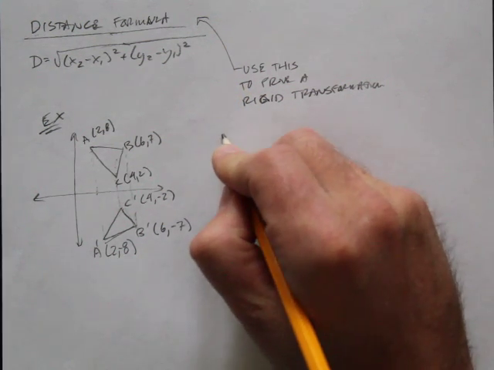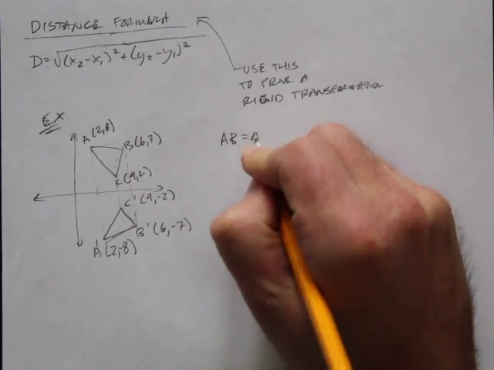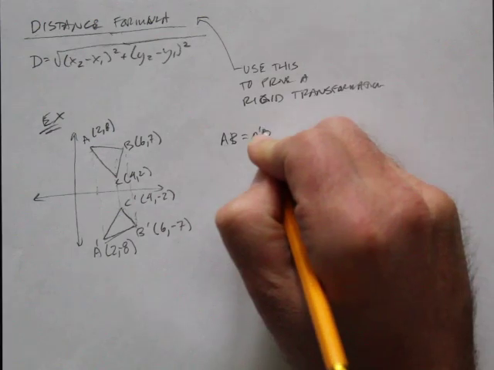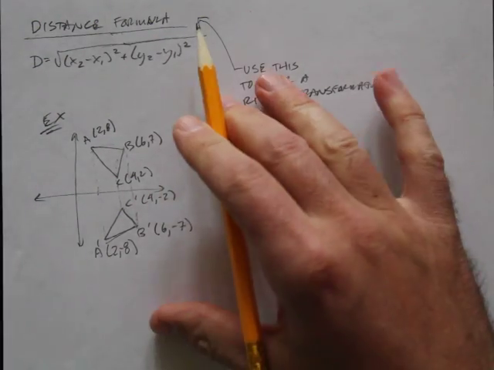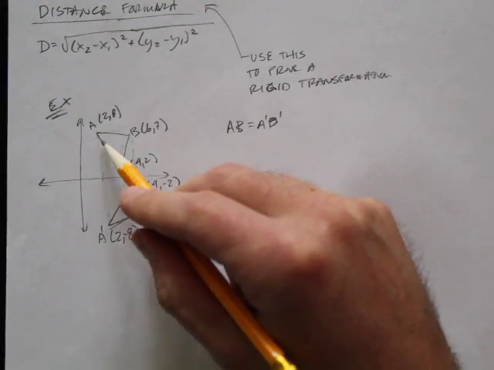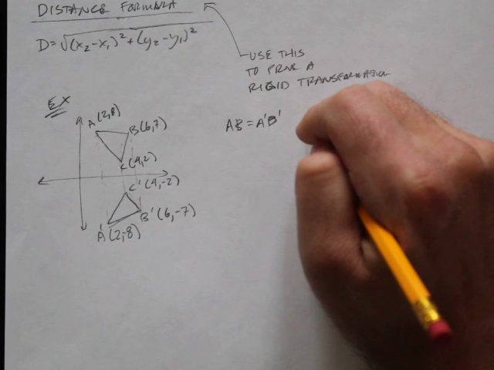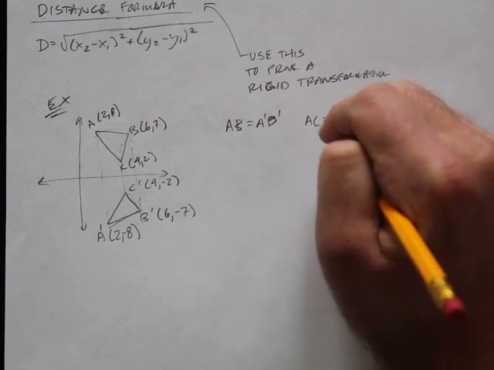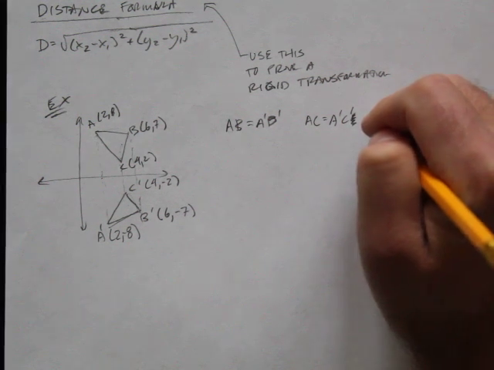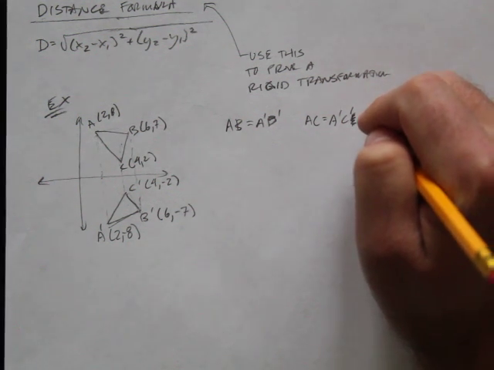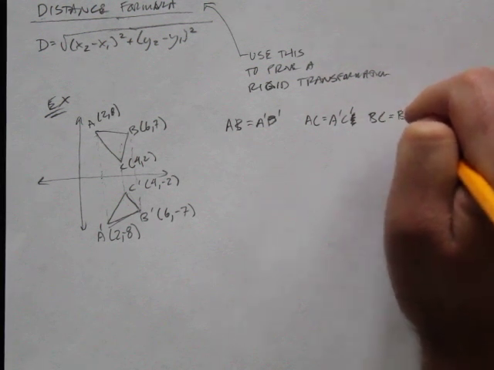So we're just going to look at one of these. We're going to say, does AB equal A prime B prime? In order to prove this, we would do this with every single side. We would say, is AC equal to A prime C prime? And we would say, is BC equal to B prime C prime?